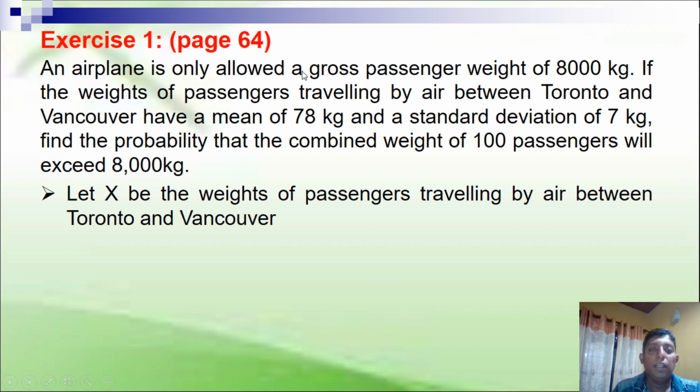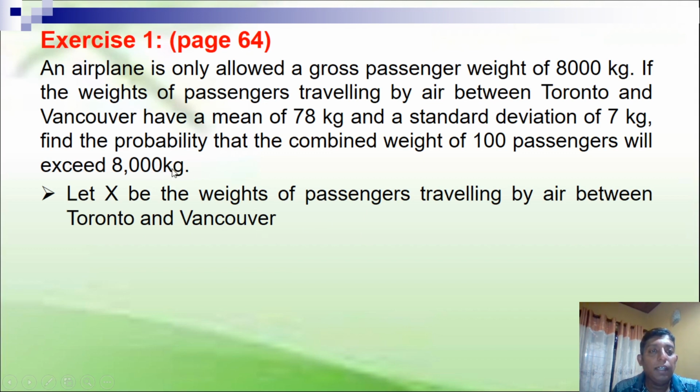The airplane is only allowed a gross passenger weight of 8,000, but here first define the random variable. We can define: let X be the weights of passengers traveling by air between two cities, Toronto and Vancouver.